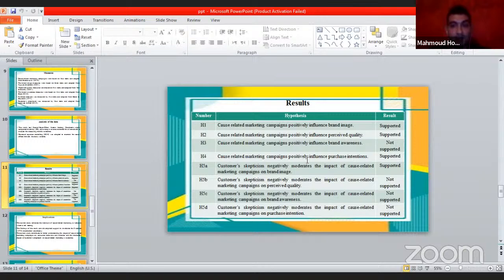H5A is supported, and customer skepticism negatively moderates the relationship between cause-related marketing and brand image. Hypotheses H5B, C, and D were rejected, and customer skepticism does not moderate the relationship between cause-related marketing and brand awareness, purchase intention, and perceived quality.